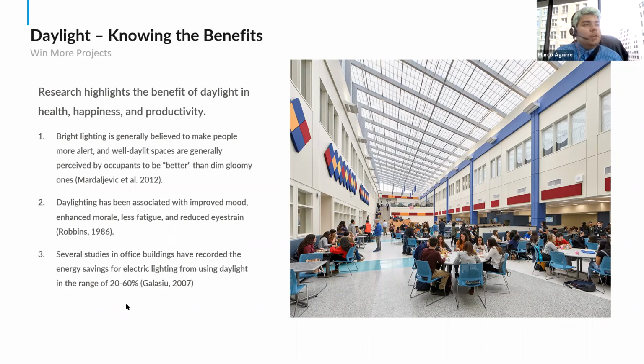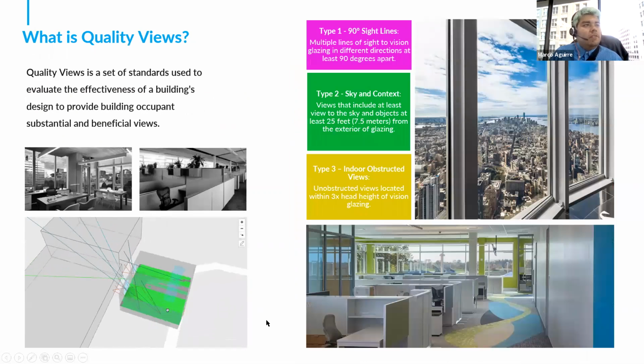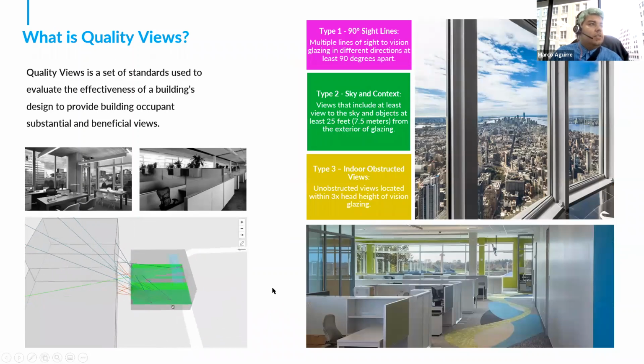So even though it's not getting a certification, you can still talk about how this well daylit space is going to improve productivity. It's a healthier place to occupy. There's a lot of different case studies showcasing the benefit of adding green features to a project and how that's going to impact the project's market value. So it can sell faster, lease faster, things like that.